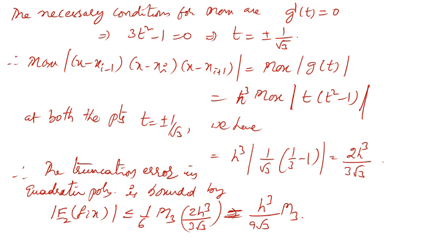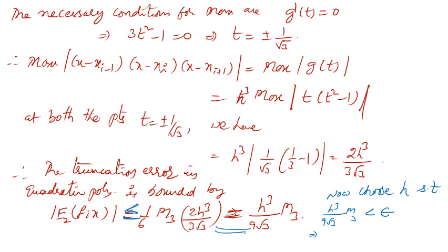Therefore finally, now we choose the h value. Remember this is less than or equal to, and these two are equal automatically, no problem. Choose h such that h cube by 9 root 3 M3 is less than epsilon.